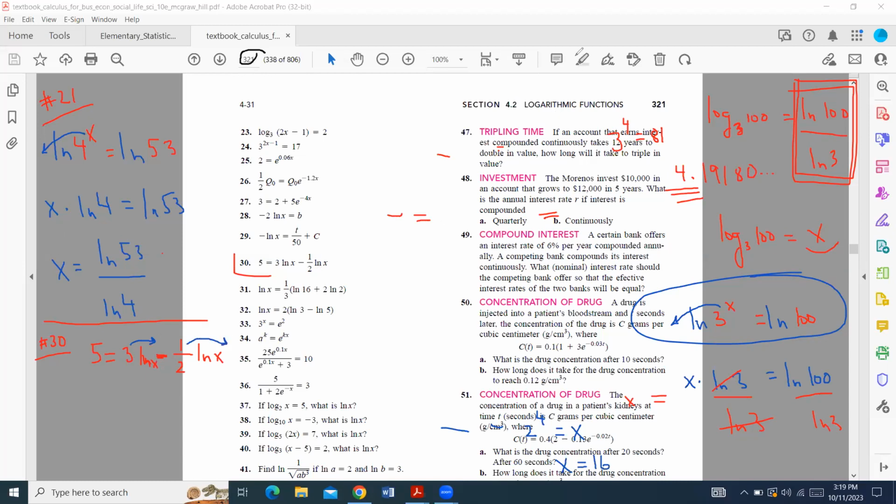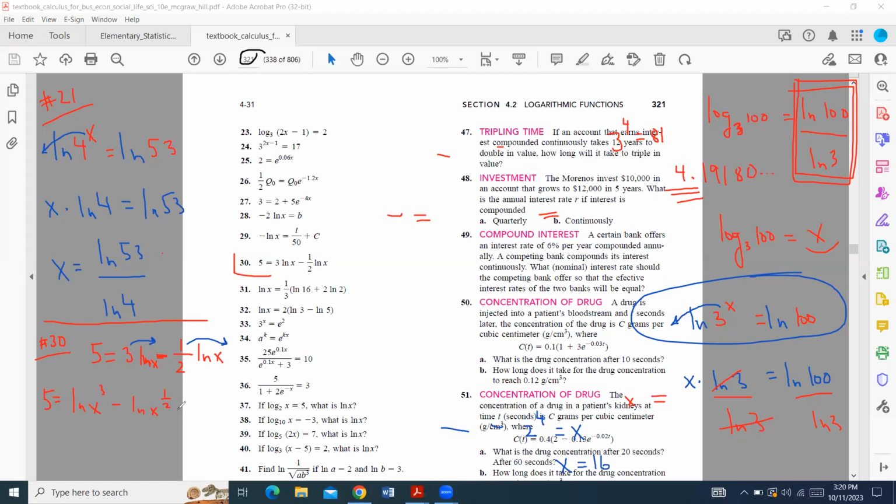So I want to write 3 ln of x as ln of x cubed, and minus ln x to the power of 1/2. Or you can say it's the square root of x.